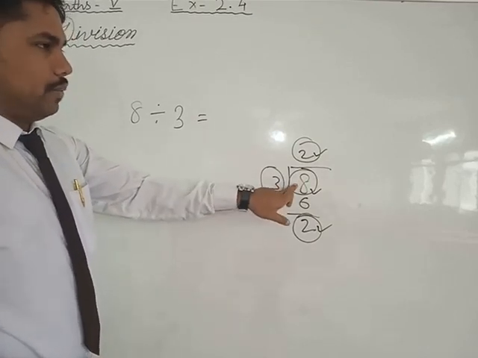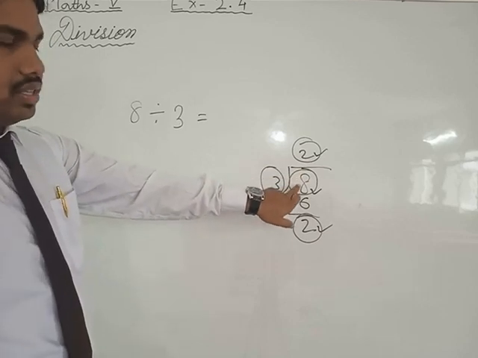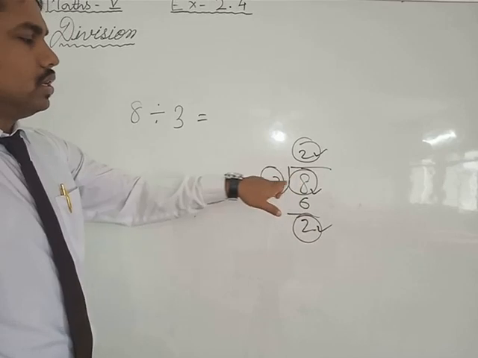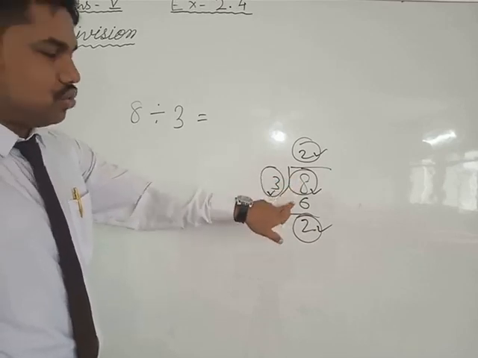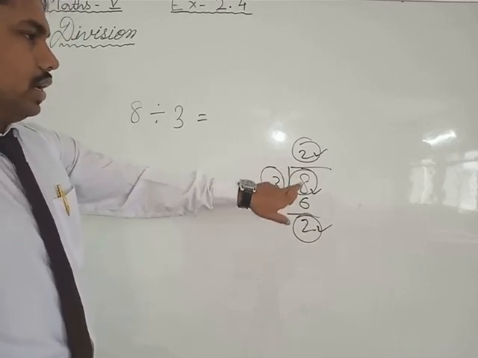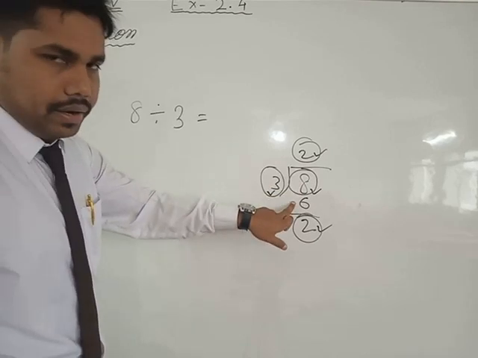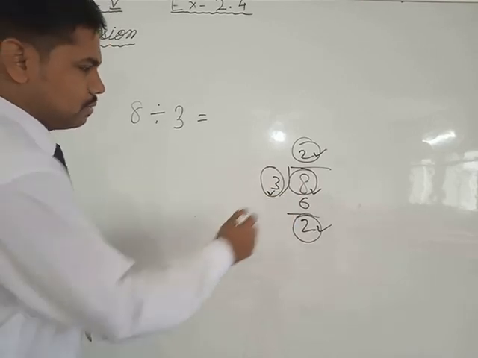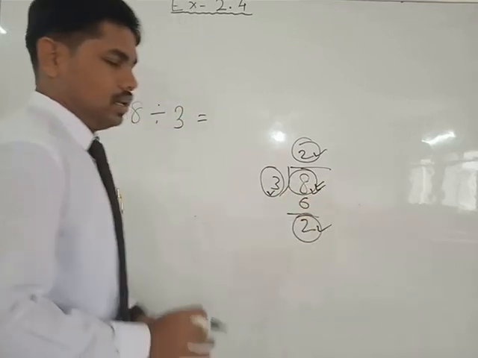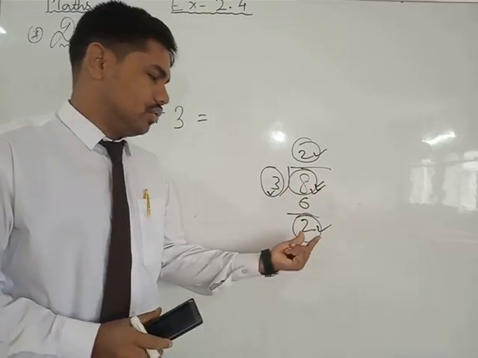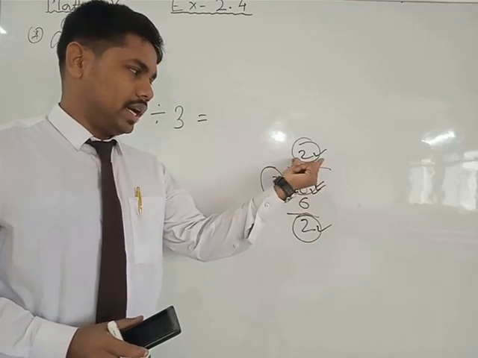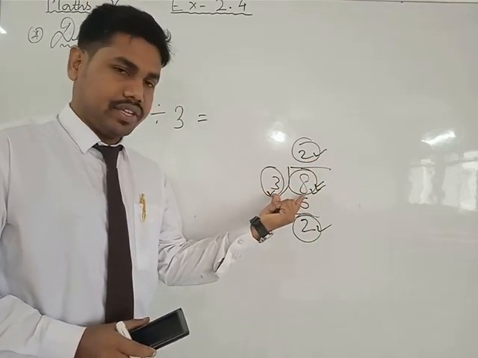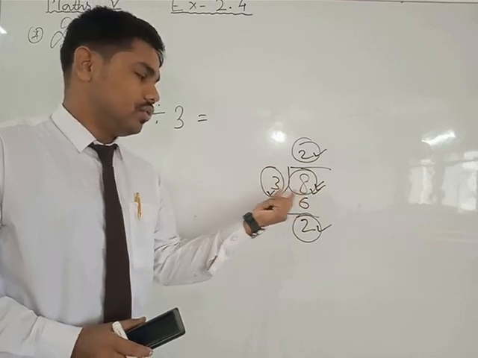The number which is to be divided is called the dividend. There is no confusion with the remainder and quotient. Students used to get confused between the dividend and divisor only, so these two terms you need to remember.